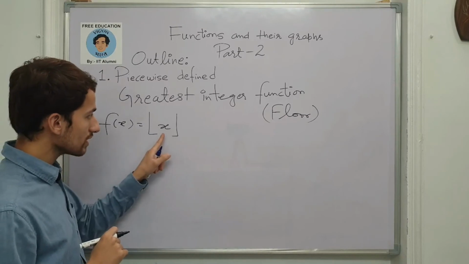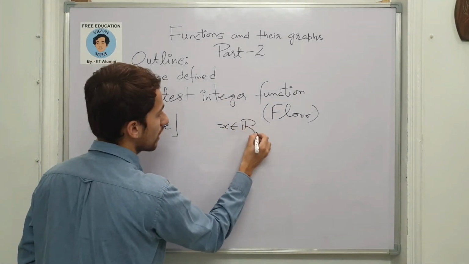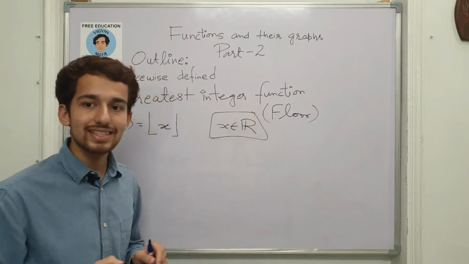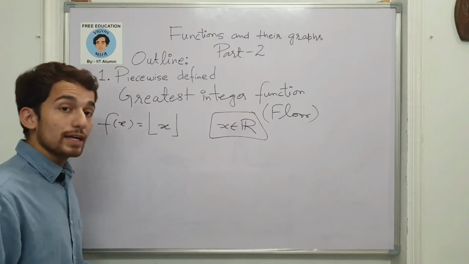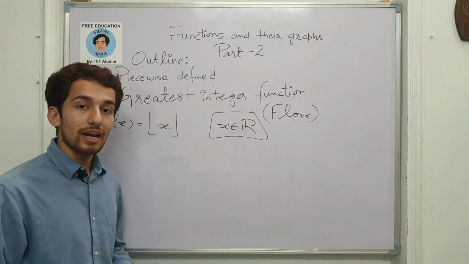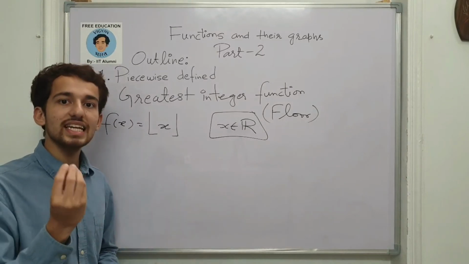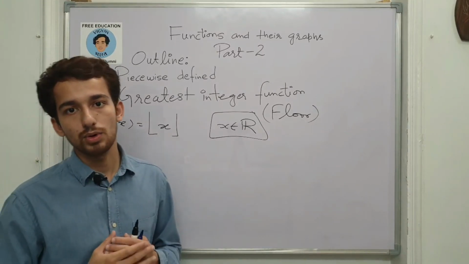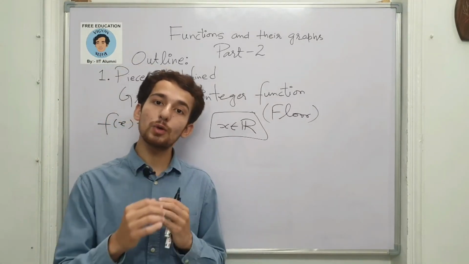So this is defined for all values of R, so your domain in this case is the set of real numbers itself. We'll try to understand what possible output values it will admit. Whatever real number you give it as an input, it takes the greatest integer value less than or equal to that number.